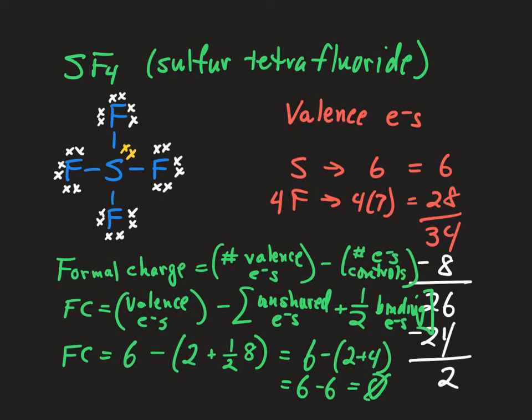Having a formal charge of 0 is a preferred state for atoms in structures. Because sulfur has the extra space, it can have 10 electrons around it instead of just 8. That is the big difference when we have atoms from period 3 as our central atom. Sometimes, not all the time, they can have more than an octet in the final Lewis structure if we can minimize their formal charge by doing that.